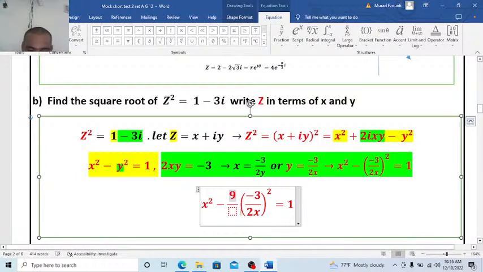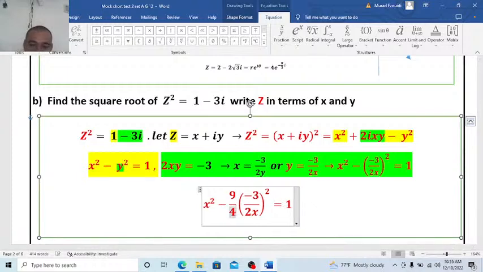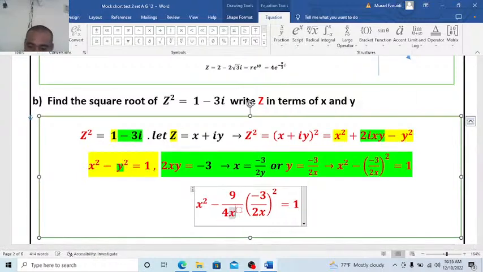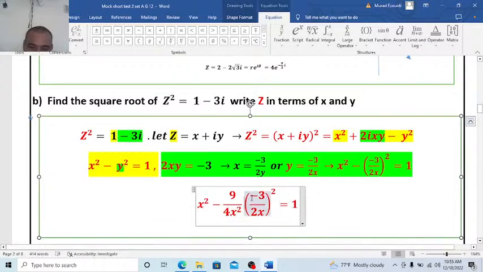Then 2 square is 4. I will write 4. Then x squared. Okay, then I will erase this one, because this is the same as that.